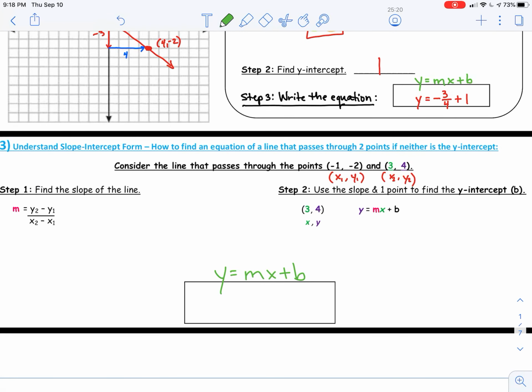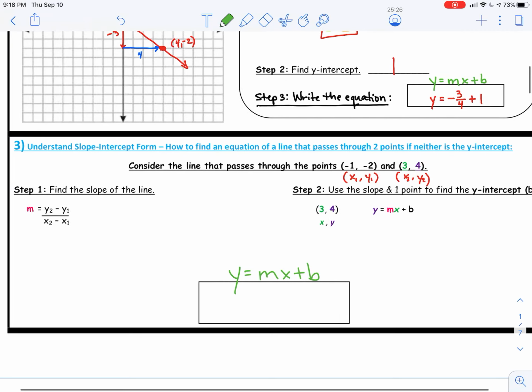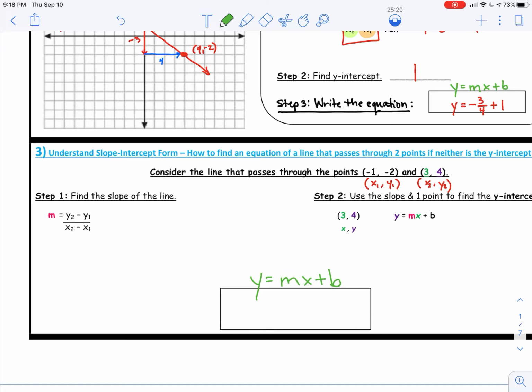You see, without the y-intercept, it's going to be hard for me to figure out what b is, but we're going to figure that out in step 2. So the first thing we want to do is figure out what the slope is, because I don't even know what m is. And remember, m is the slope, always. So let's go over here to step 1 and figure out what the slope is.